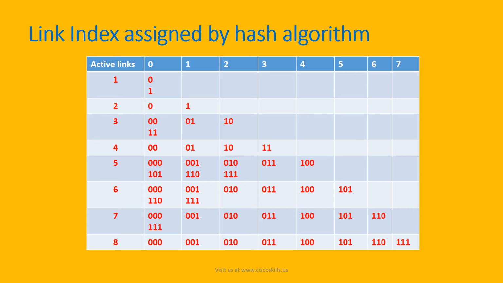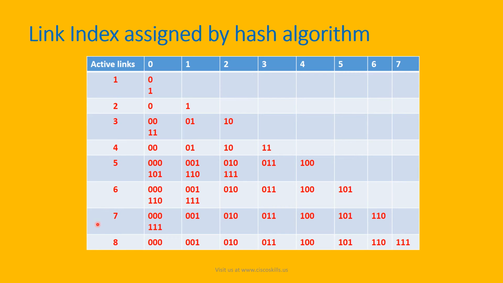And if the value is 0, 0, 0, link 0 will be used. 0, 0, 1, link number 1 will be used. 0, 1, 0, link number 2 will be used. 0, 1, 1, link number 3 will be used. 1, 0, 0, link number 4 will be used. 1, 0, 1, link number 5 will be used. And 1, 1, 0, link number 0 will be used. 1, 1, 1, link number 1 will be used.